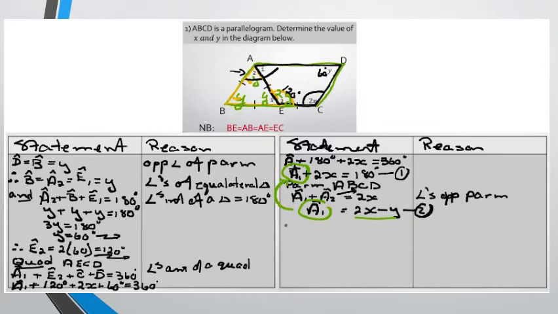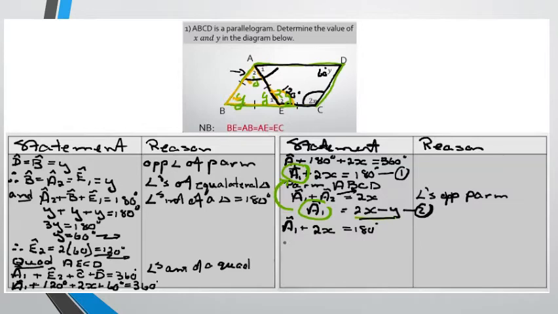Angle A1 plus 2x equals 180. Now I'm going to substitute this value of A1 into the A1 in my equation.